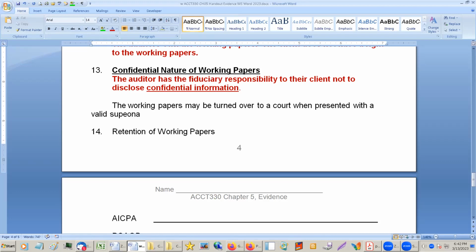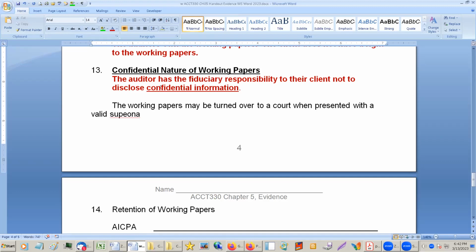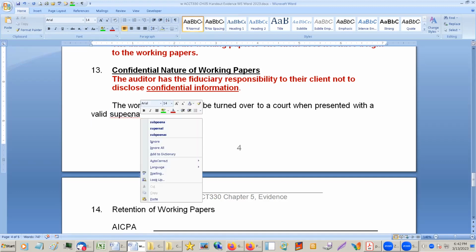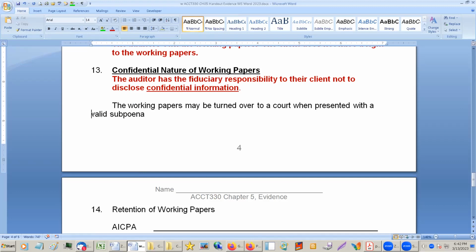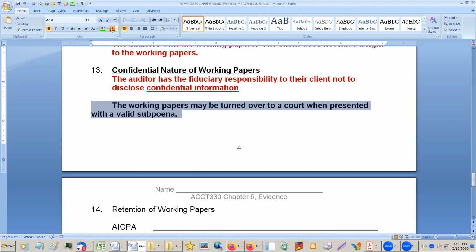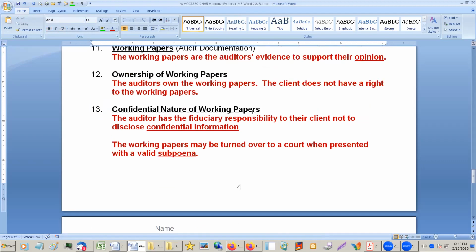I know I'm going to get this wrong. There we go. The valid subpoena. Okay, now it has to be a valid subpoena. And a valid subpoena means that a court has said, we need this information, you need to provide it. So subpoena is the only way that you give up the client's information.